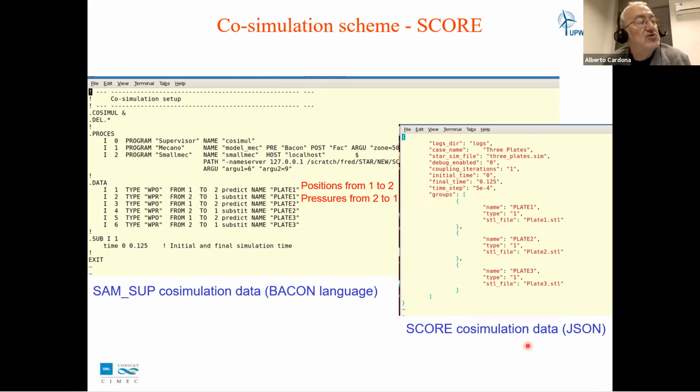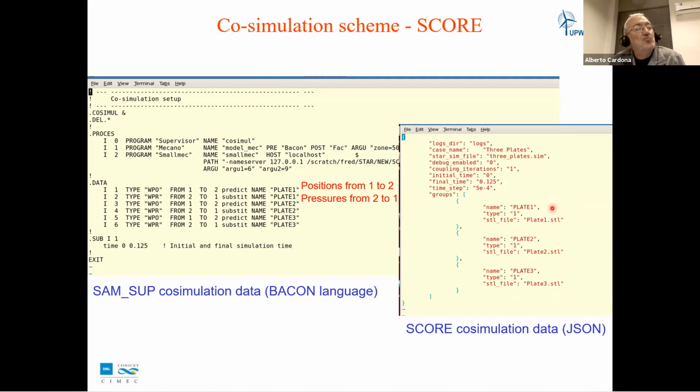In the cosimulation data, we have this same information here, and we are telling that plate 1 is the object which is described by the geometry given in the STL file named plate 1. Plate 2 is the object described in the STL file plate 2, and so on.